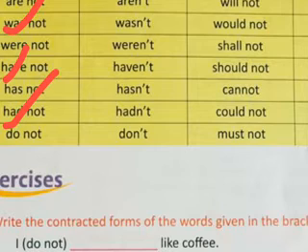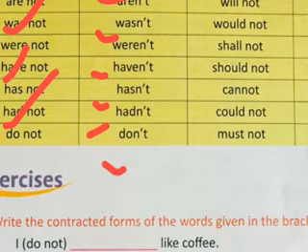Okay. What we write actually? We write like this. Amn't. Here you can see. Isn't. Aren't, wasn't, weren't, haven't, hasn't, hadn't, don't. Right? Can you do like this?